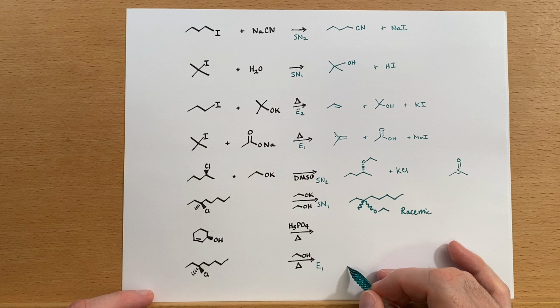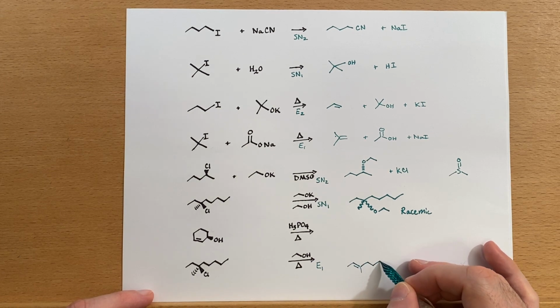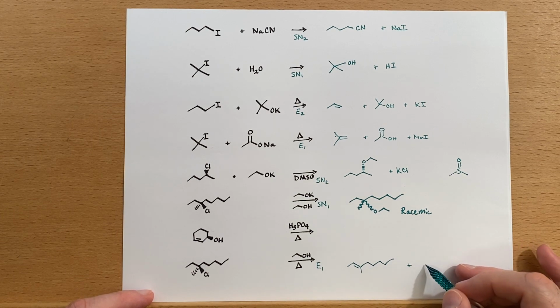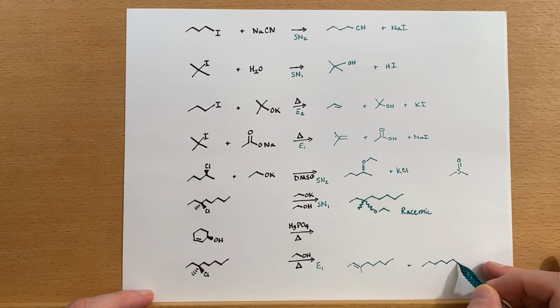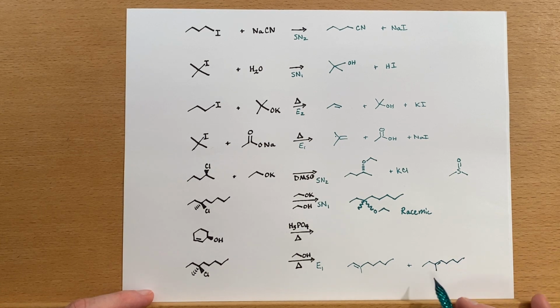So we're going to get that one, and we'll also get one where the double bond is here. And we're going to get the corresponding E isomers as well.